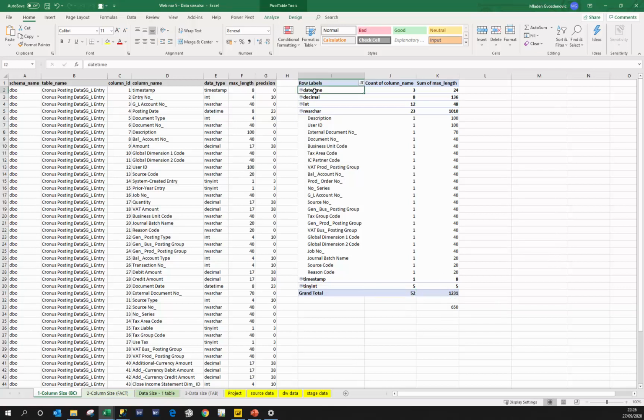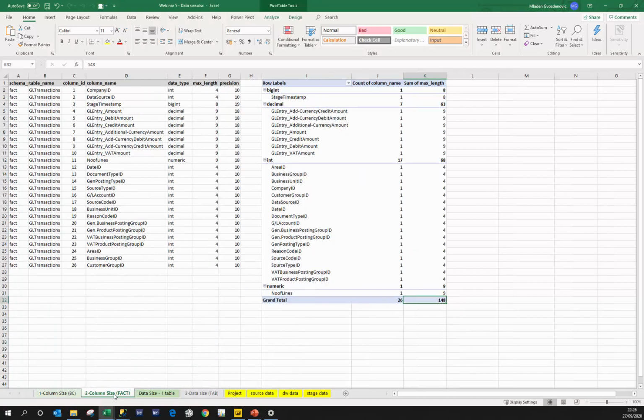The problem is not so much in decimal and integer types, but in NVARCHAR, because they use around 80% of the whole record size. And although these are NVARCHAR, the maximum size is not always used. So in the real scenario that we have here, one record is 650 bytes in size.